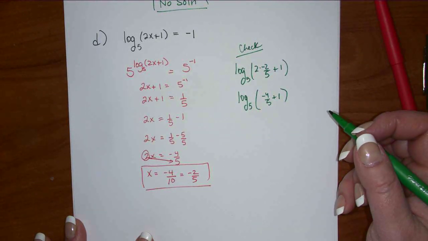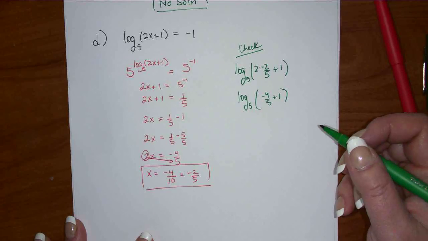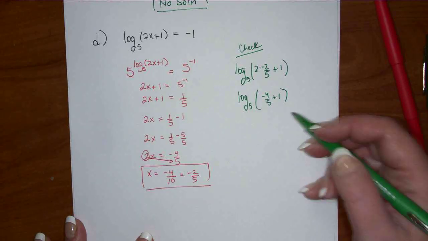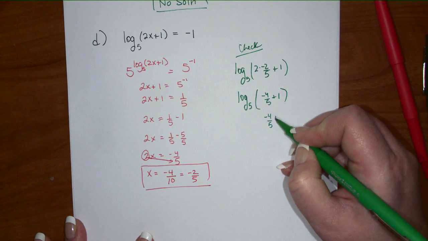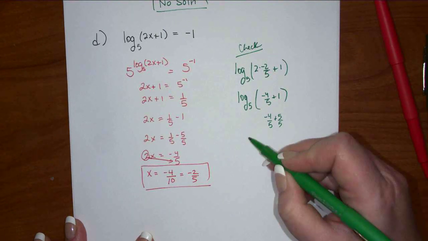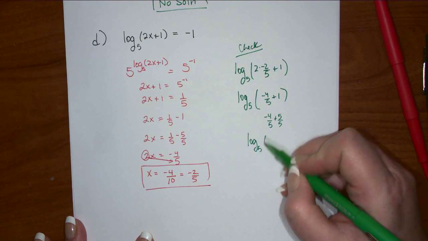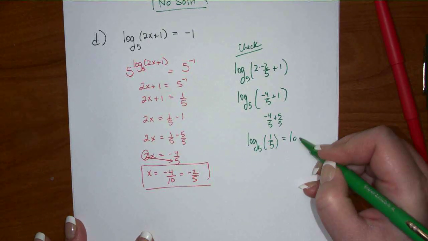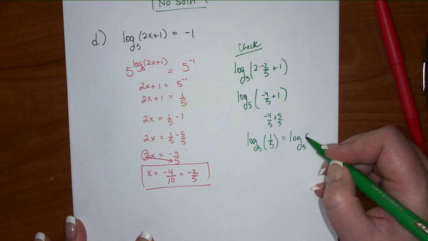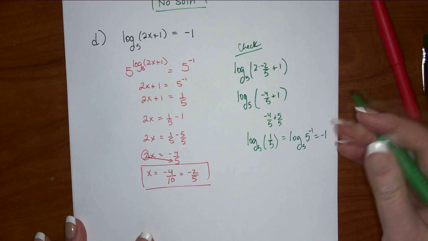No. It's positive. All right, if you did a common denominator, minus 4 over 5 plus 5 over 5, what do we get? 1 over 5, and that's okay. And if we wanted to keep going with that, we could say this is 5 to the negative 1, which is negative 1, which is what we had.